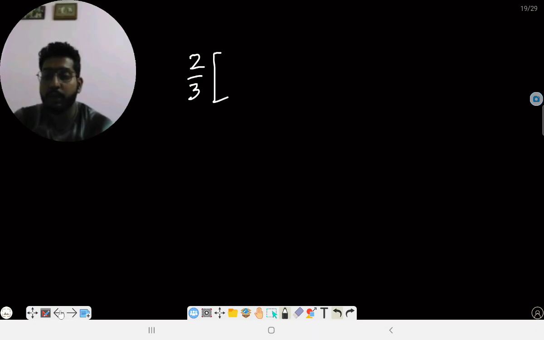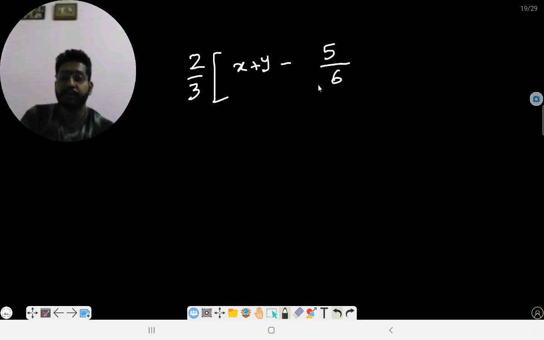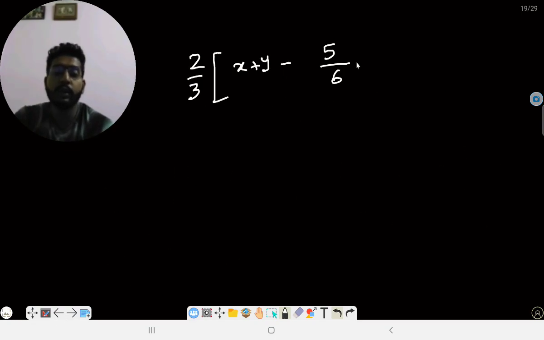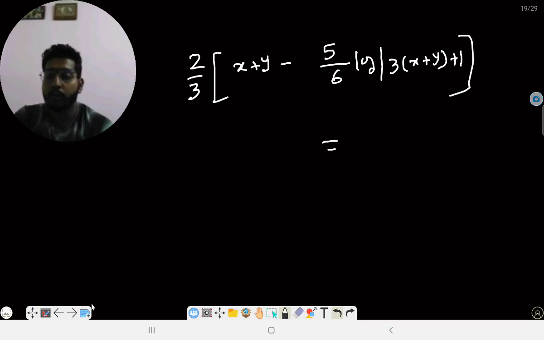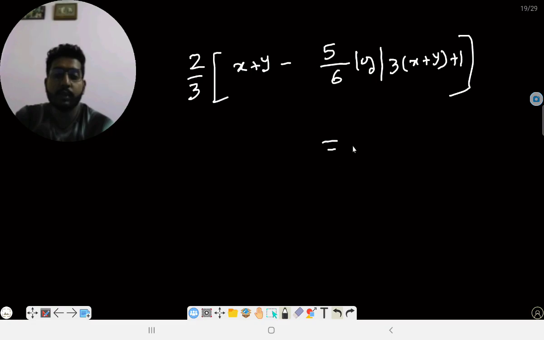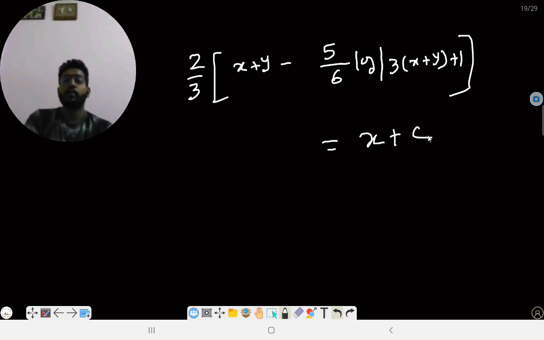Now z is x plus y, so that will be x plus y minus 5 by 6 log mod 3 into x plus y plus 1 equals x plus c. So that will be the answer.